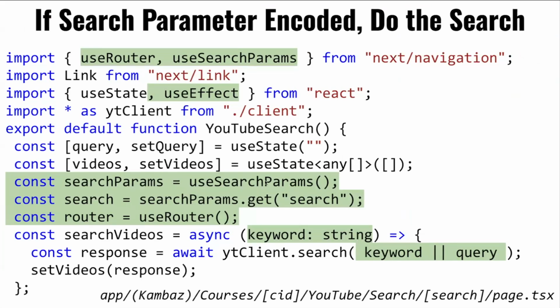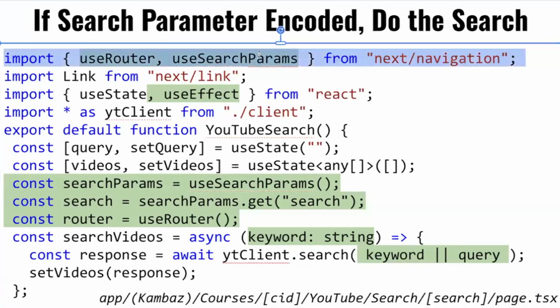We're going to be able to read that, and once we have that, we can cause the request to go back out to the server and regenerate the results, whether the term came from us typing in the input field or from a keyword in the search query. So let's do that.